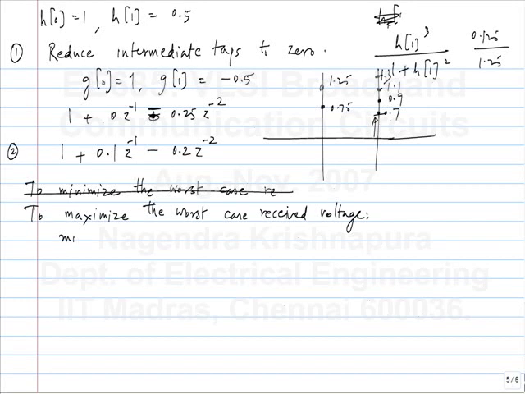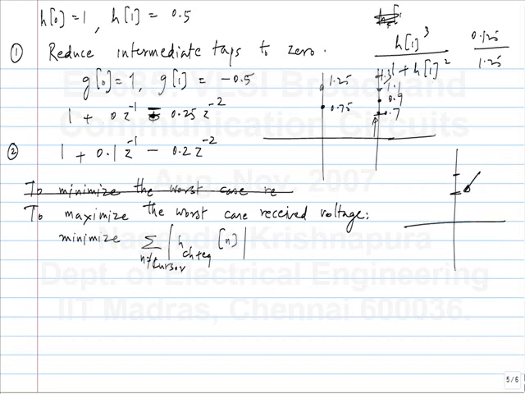I should minimize, this is channel plus equalized response, so basically n excluding the cursor. Because if I transmit 1, the worst case that I get is 1 minus this summation of the absolute values. Okay. That is the worst case.